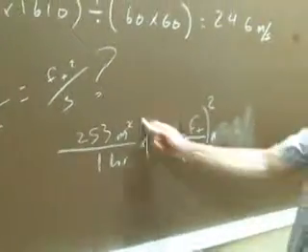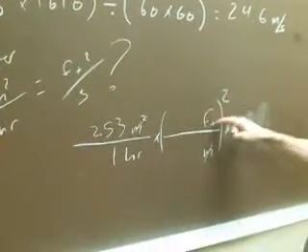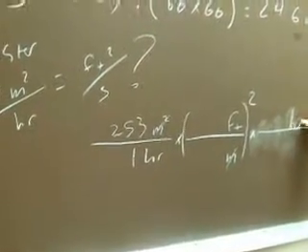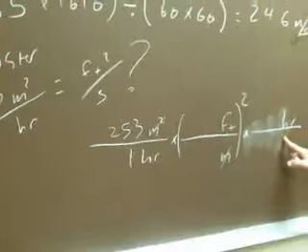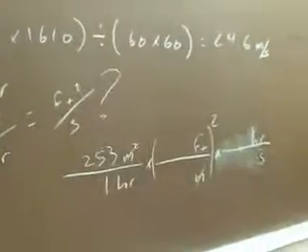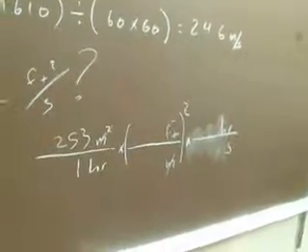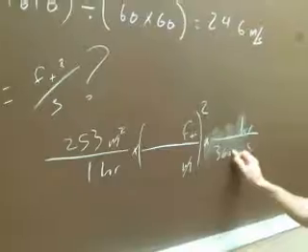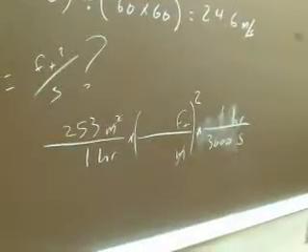So now the meter squared dies, I'm in square feet now. If I want to kill the hours, I have to put those upstairs in seconds, and instead of going from hours into minutes, I'm going to go straight into seconds, again because I'm lazy, because it's just 60 times 60, which is 3,600 seconds in 1 hour.